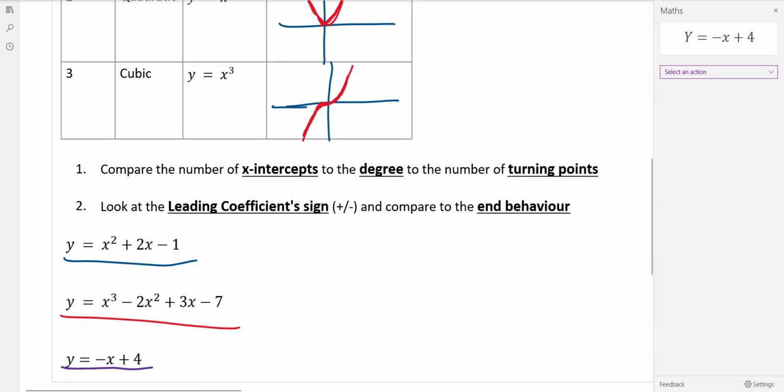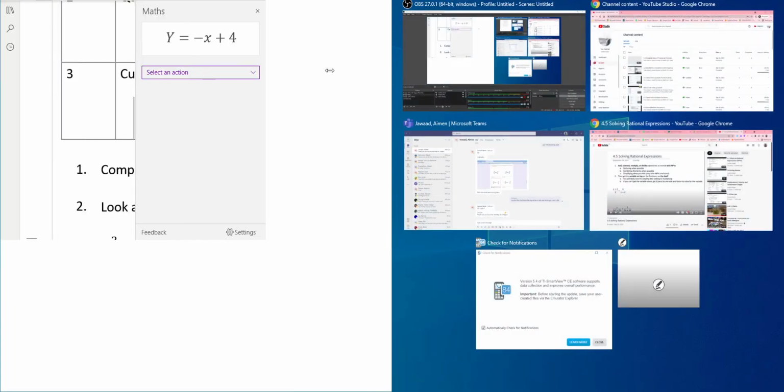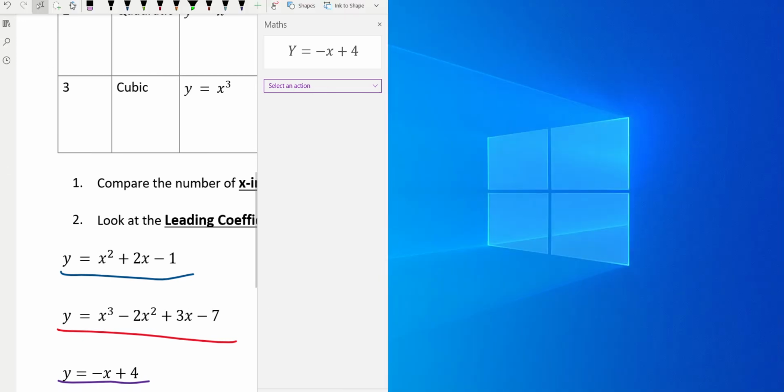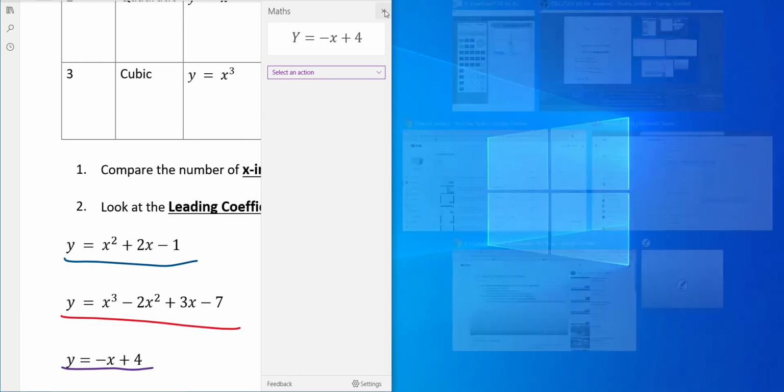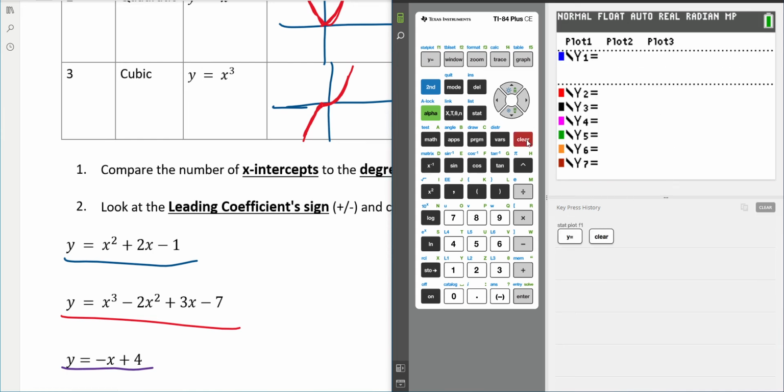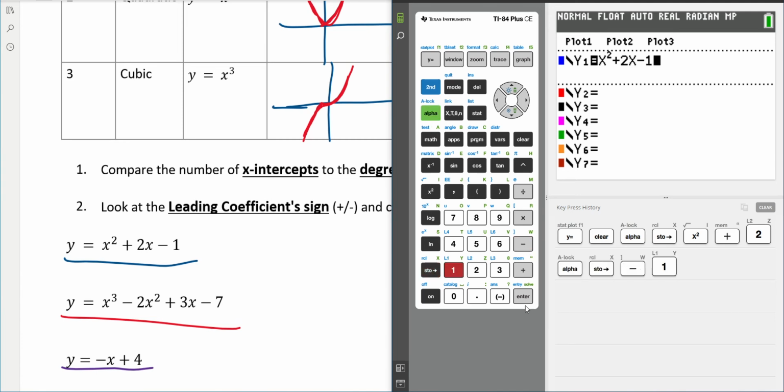Okay, so we're going to compare the x-intercepts with the degree. Oh, come on, I did it again. There you go. With the degree. So let's take a look here at some options. So we have our first one is x squared plus 2x minus 1.